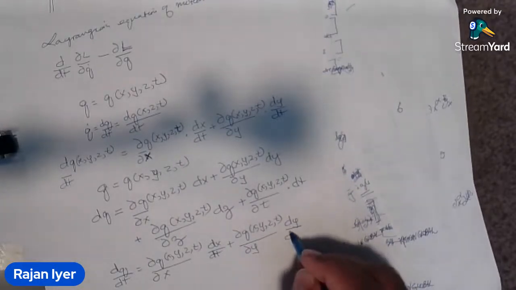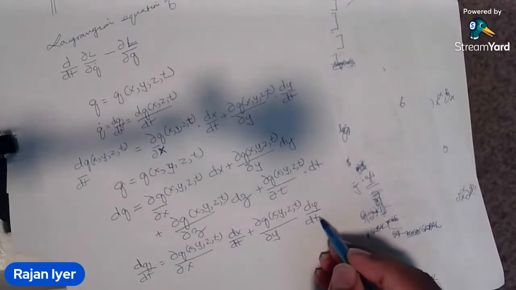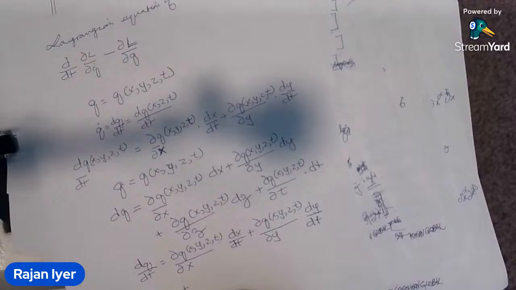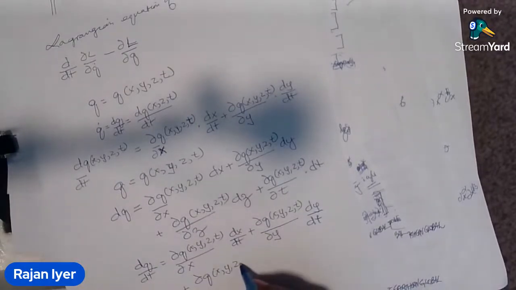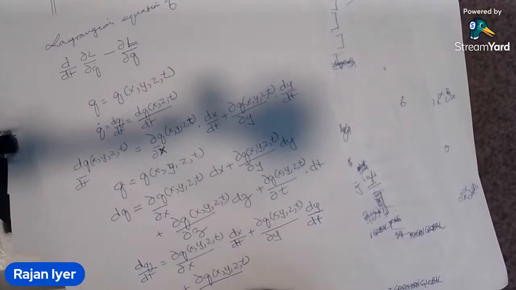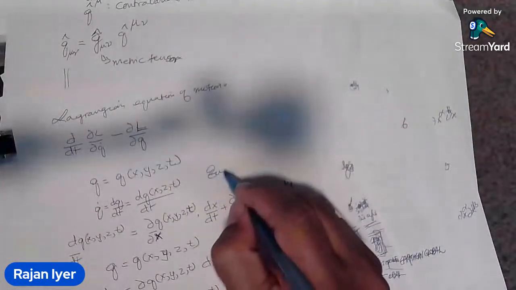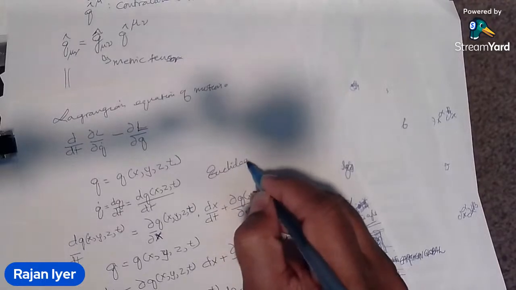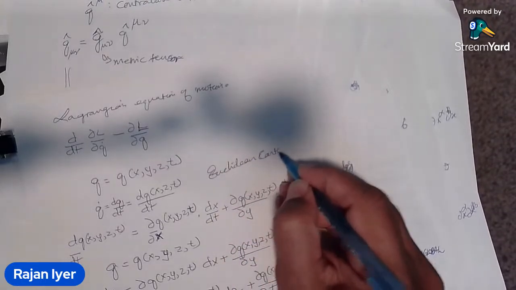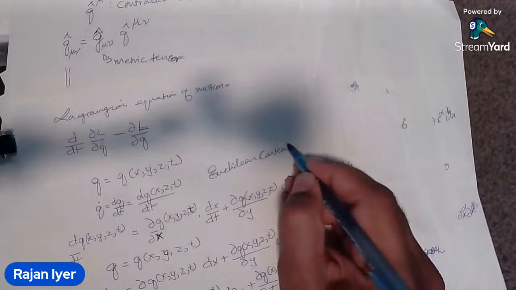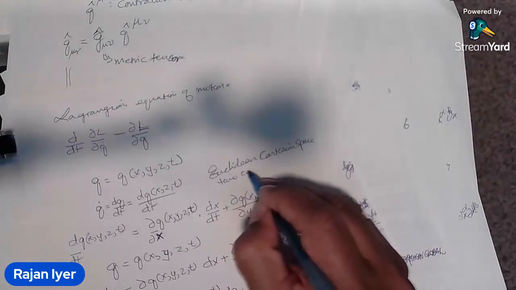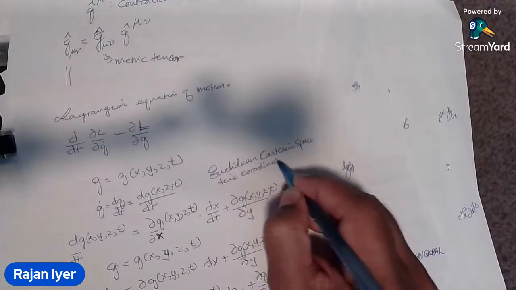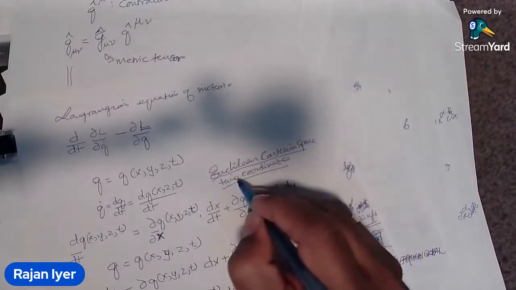This is why when you change the variable, that's where the rotation and all those things come into the picture. But right now, we are keeping it Euclidean and Cartesian. So let me write it here: Euclidean, Cartesian, space-time coordinates. So that makes it easier.